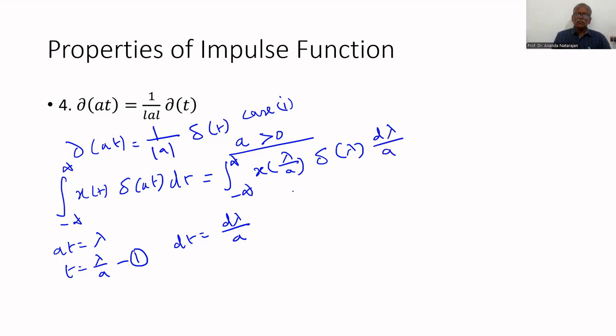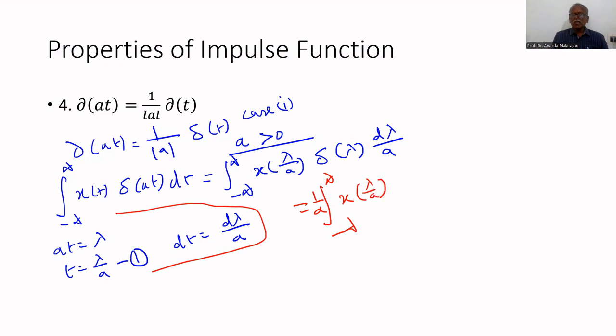This a is constant; if we take it out, what you will get is 1 by a outside, times the integral from minus infinity to plus infinity of x(lambda by a) δ(lambda) d lambda.